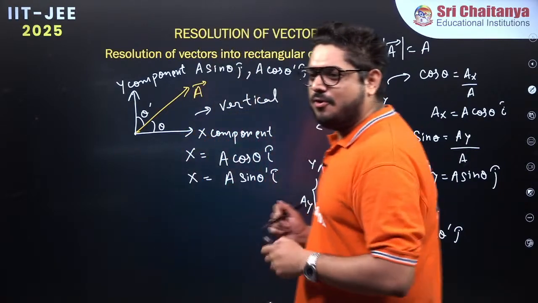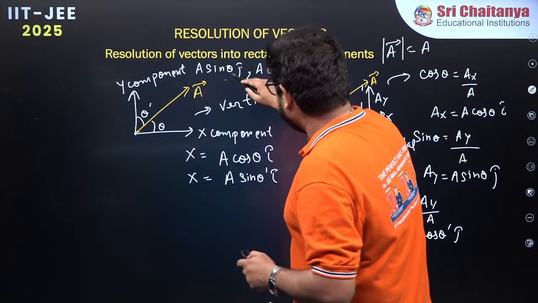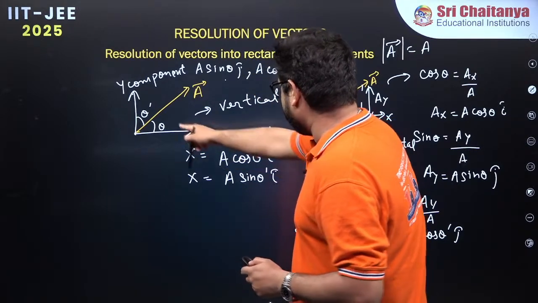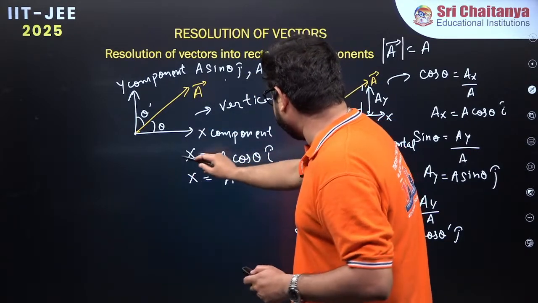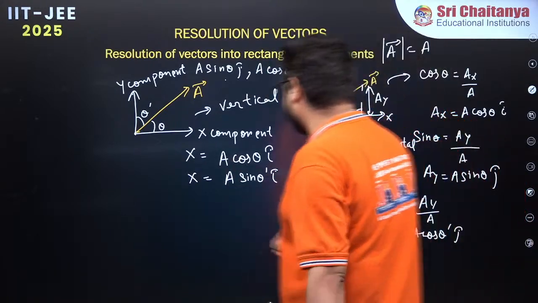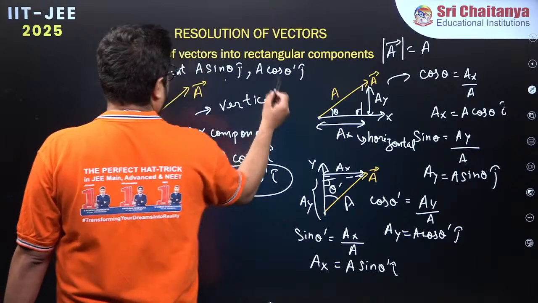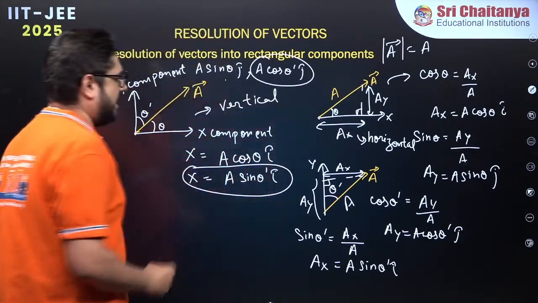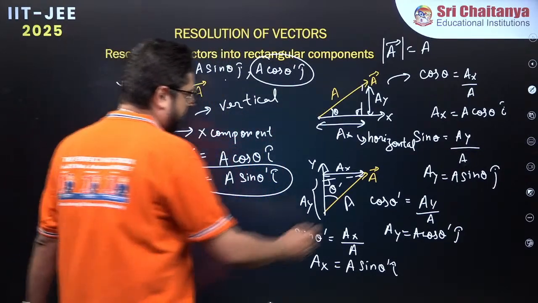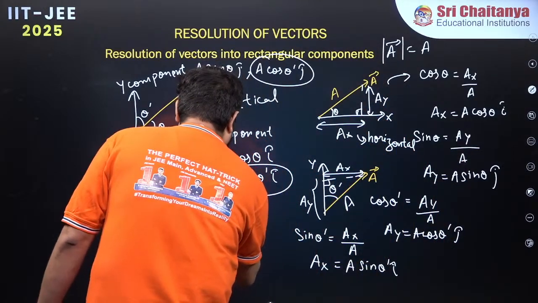So now your homework. That's why you are going to be getting A sin theta, right? You can also get it in the form of vertical. You will be getting these two components: with respect to the vertical, you will get A sin theta dash i cap and A cos theta dash j cap, okay?